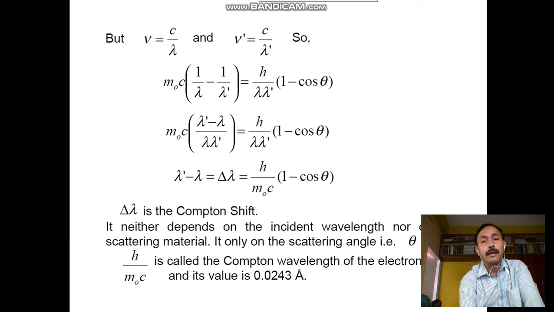This term h by m naught c is known as the Compton wavelength and represented by lambda c, and its value is 0.0243 angstrom.